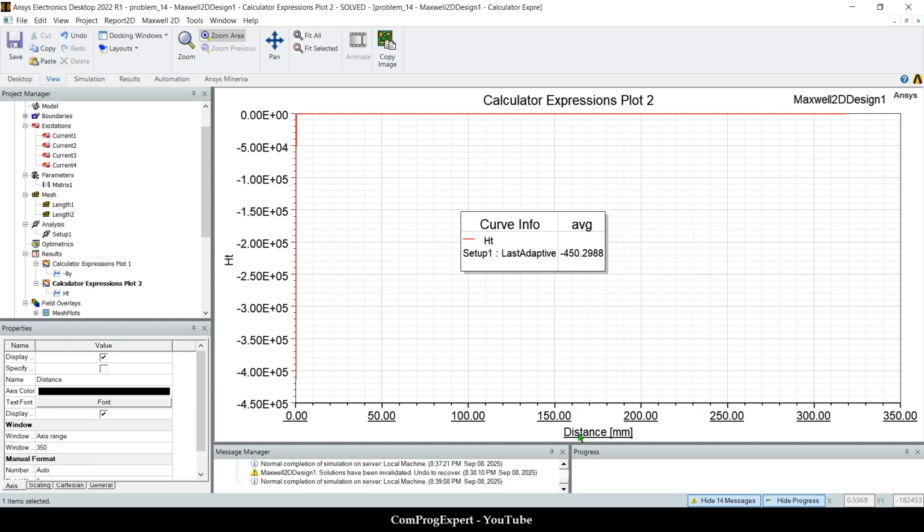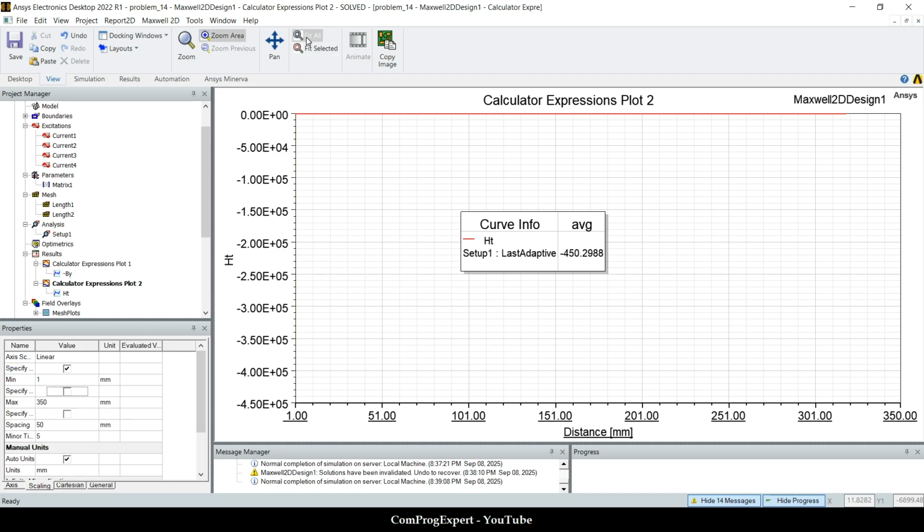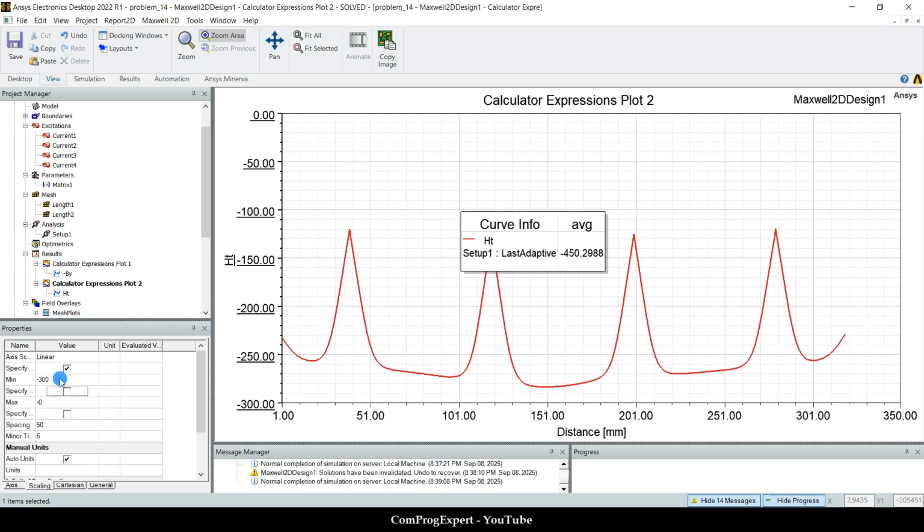Just let's set the distance, not 0, 0.1, a very low number here, 1 millimeter, just to remove that data point, and specify the y range minus 300. You can see the value of the h.